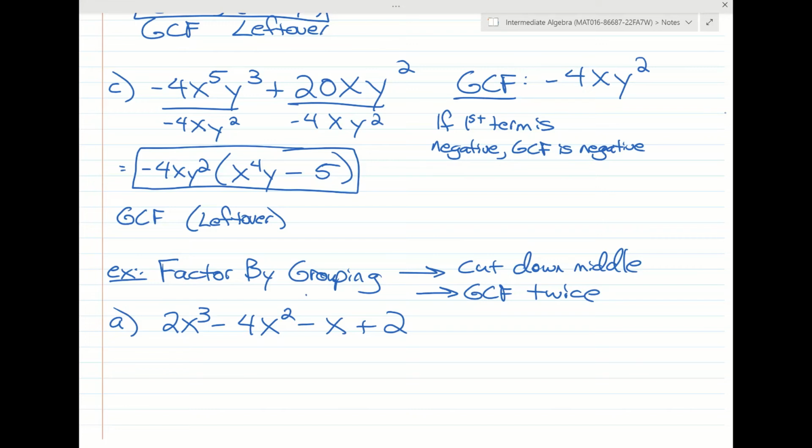So we'll cut it down the middle, just like I told you. And this is really two separate problems. So the GCF between the first half, 2 and 4, would be 2, and then x to the second. So if we're going to factor that, we just get the GCF and then what's left over.